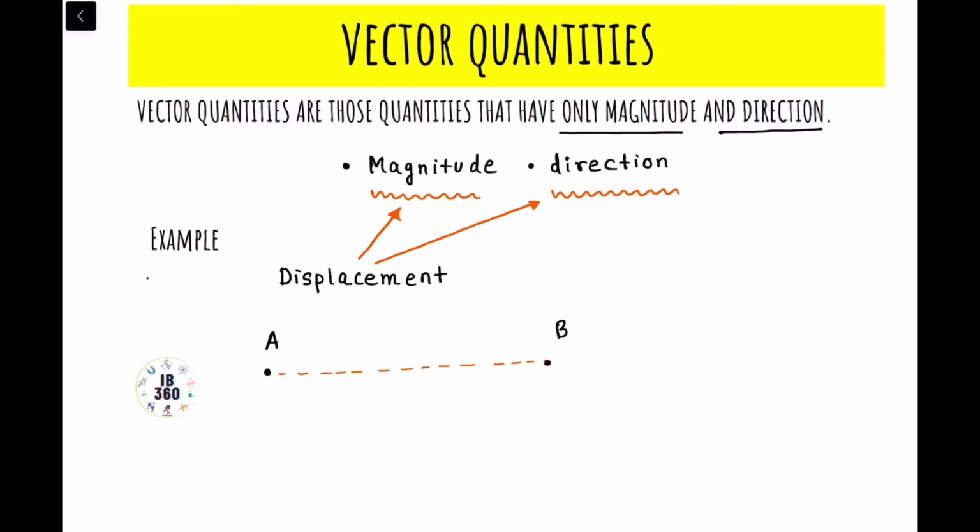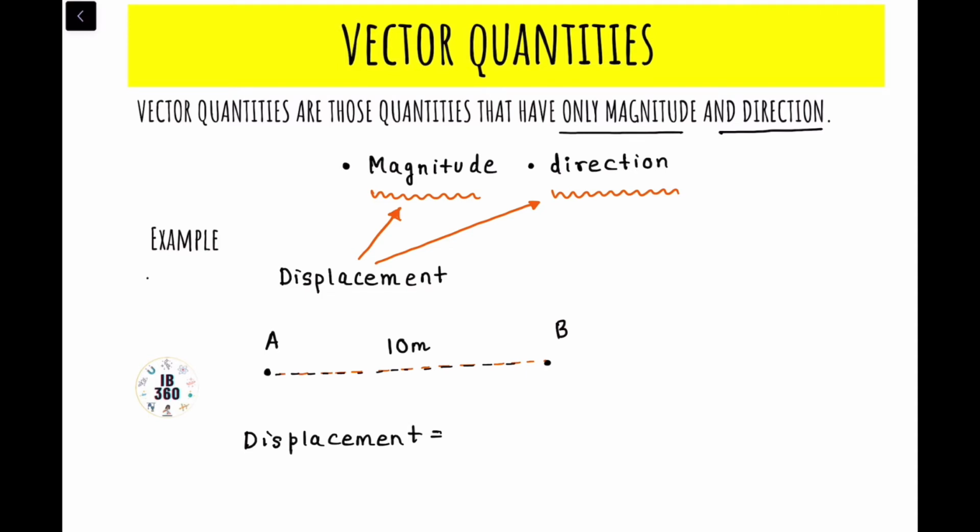I reached point B, and the length of the path that was traveled by me, not distance, is 10 meters. Now if I want to say what the displacement is, displacement is the shortest path traveled by the particle.